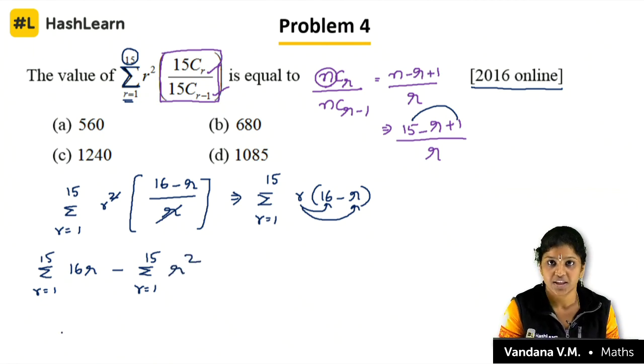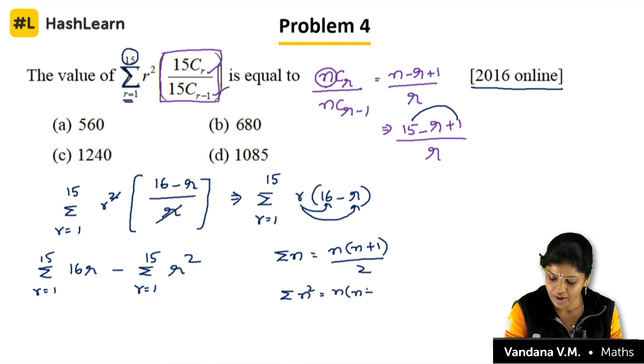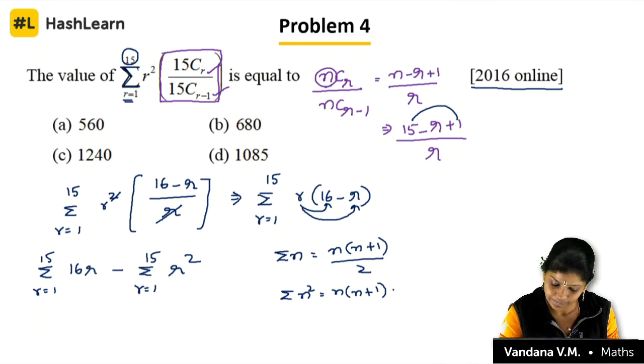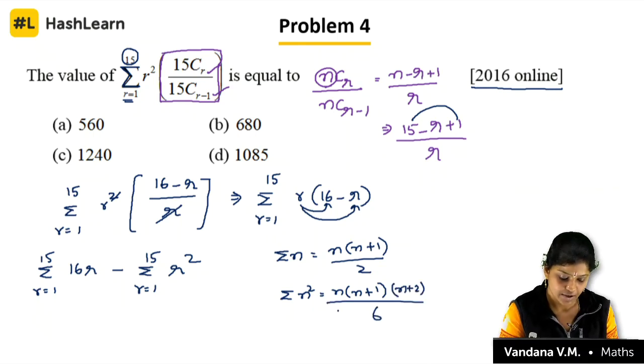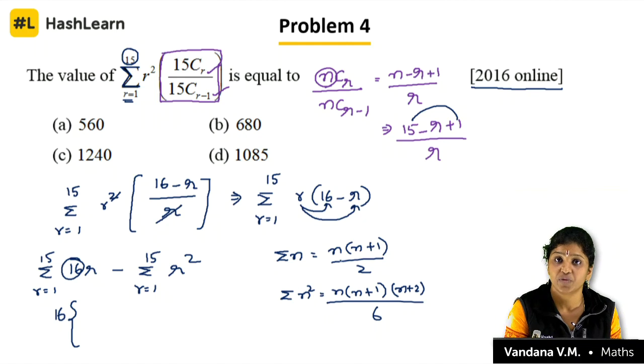We knew, children, the sum of n terms formula. The sum of n is n into (n plus 1) by 2. The sum of the squares formula is n into (n plus 1) into (2n plus 1) by 6. Now substitute. Take out the 16 outside and write the formula. n value is 15.